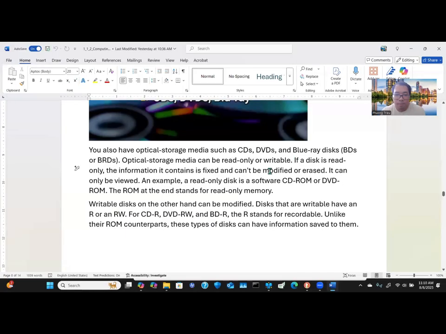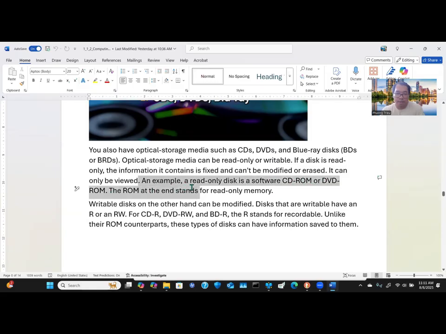So next, if it is read only, the information it contains is fixed and cannot be modified or erased. It can only be viewed. An example of a read-only disk is a software CD-ROM or DVD-ROM.